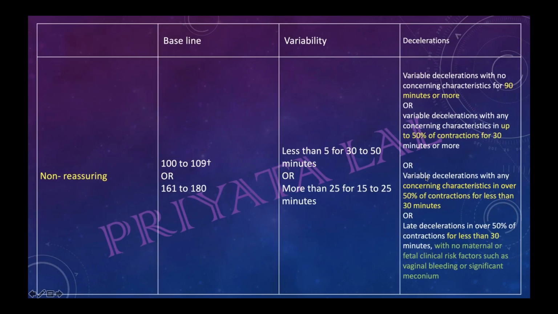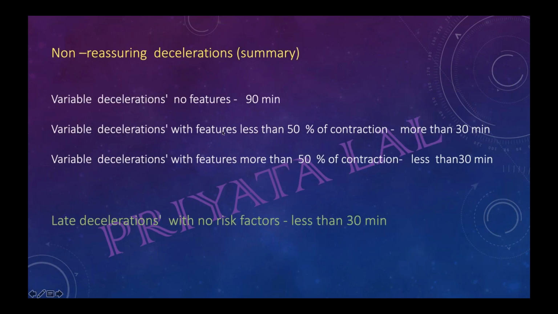Not an issue. Okay, and these are late decelerations. So if late decelerations are there for less than 30 minutes, then it is an NR feature. Now it appears a bit difficult to understand, so I made a summary. So what are the NR features? If we have variable deceleration and no feature, and it is more than 90 minutes, then we will take it as an NR feature. This is number 1.